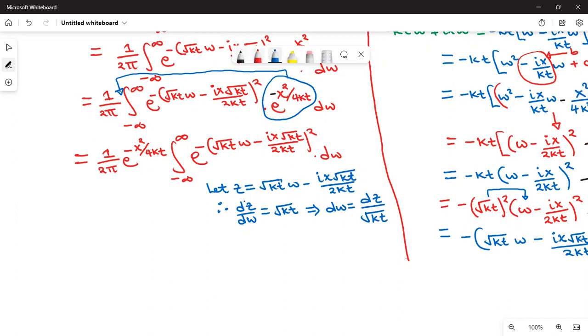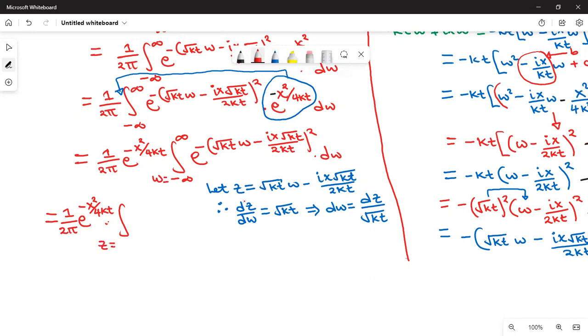So back to our integral. This integral can now be written as 1 over 2 pi exponential negative x squared over 4kt times the integral. What about the limits? These are limits for omega. Now, what are the new limits for z?